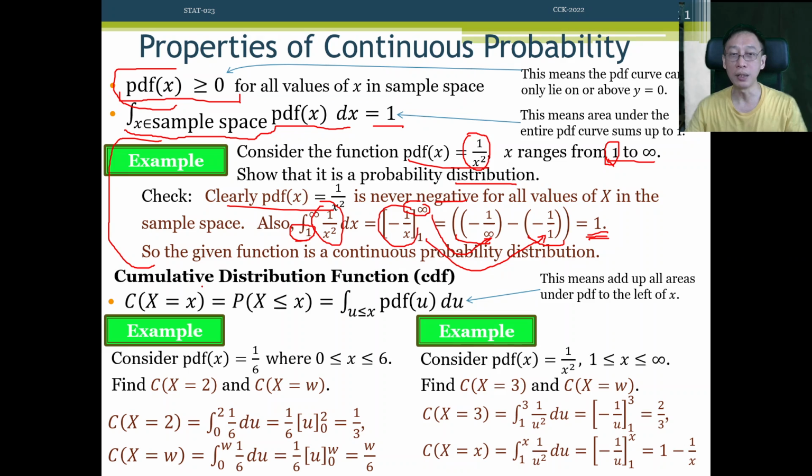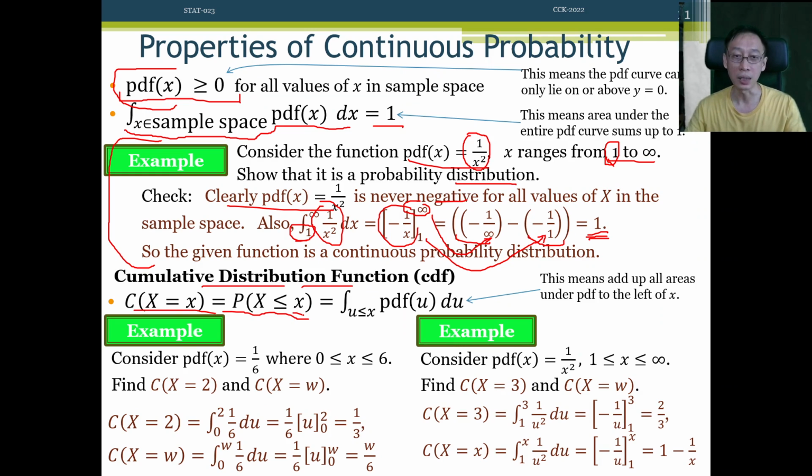Next is the cumulative distribution function, which is tremendously useful to find probability. So the question is, can we calculate the CDF of x? Recall that this was defined in exactly the same manner. It is the probability of all values of capital X being less than or equal to the given little x here.